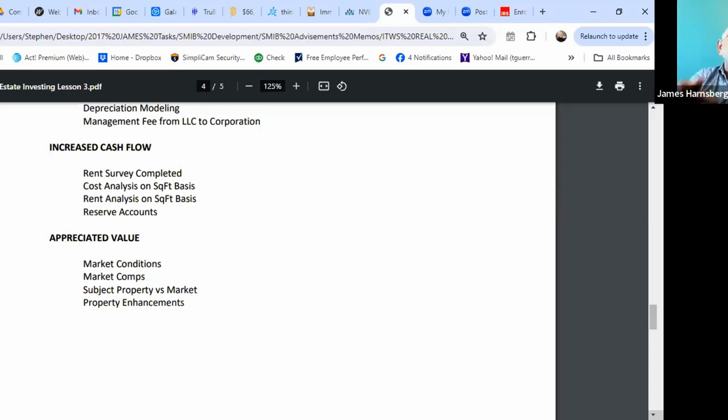We'll talk about that in lesson 4 and 5, because those are going to give you a significant value upside if they're set up the right way. In other words, for every dollar that I put into this property that's an enhancement, I'm getting $1.70 to $2.50 in appreciated value, because it's enhancing either its cost factor or its rent factor.